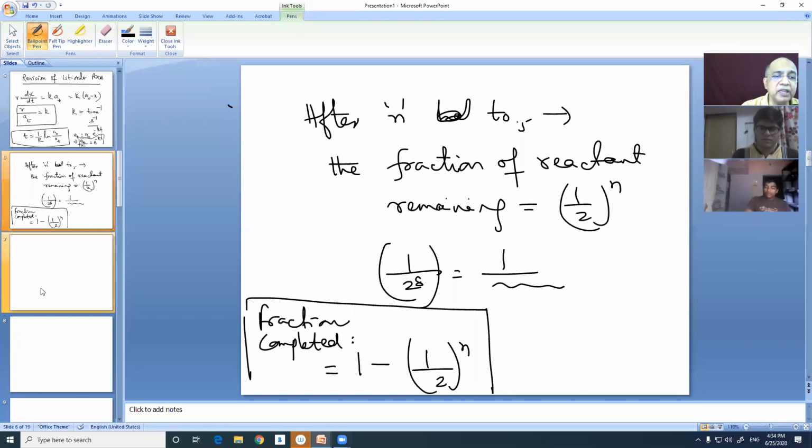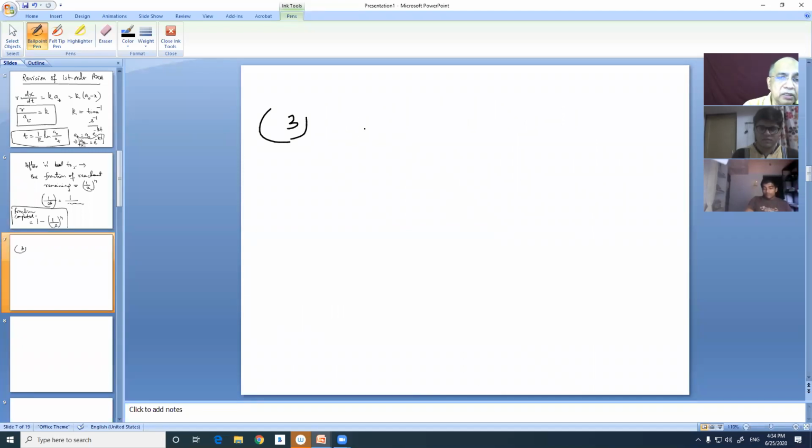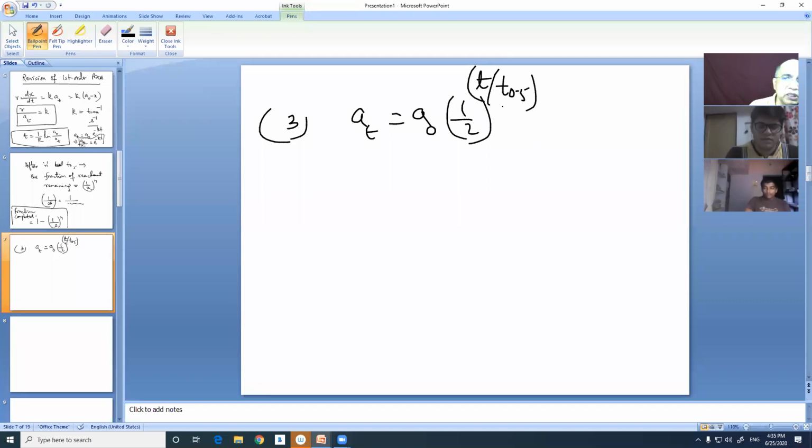There is another handy formula that you can also use: at is equal to a0 times half to the power number of half-lives. This t by t.5 is nothing but the number of half-lives.